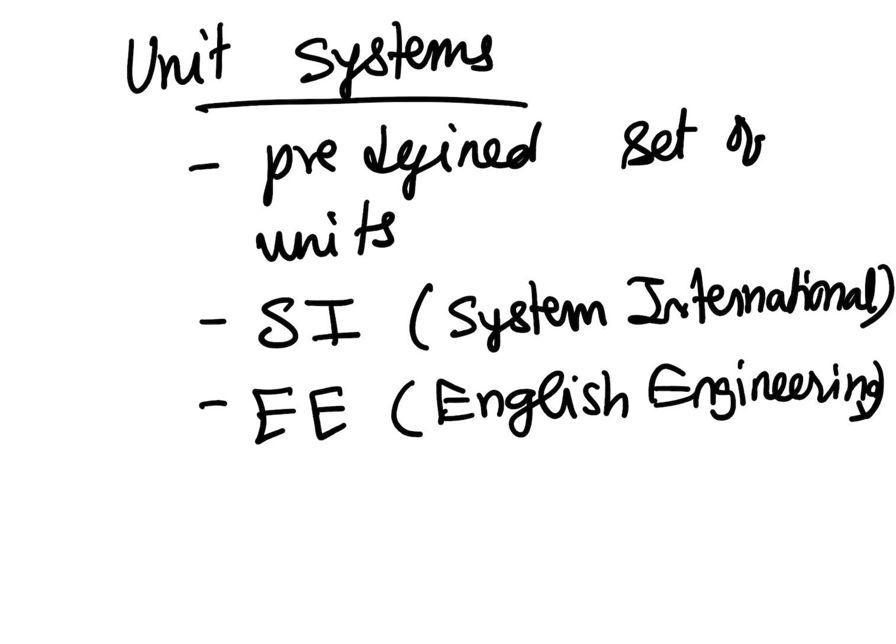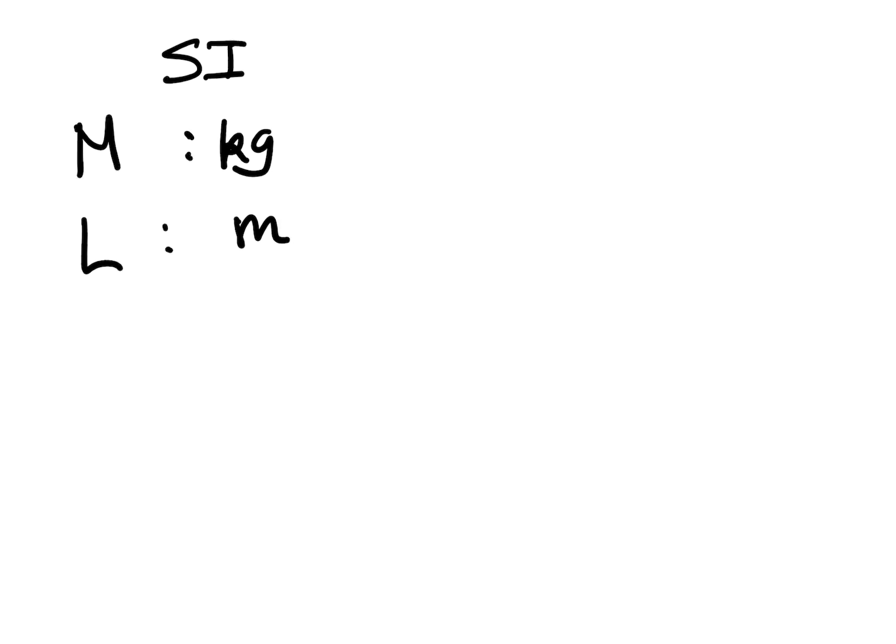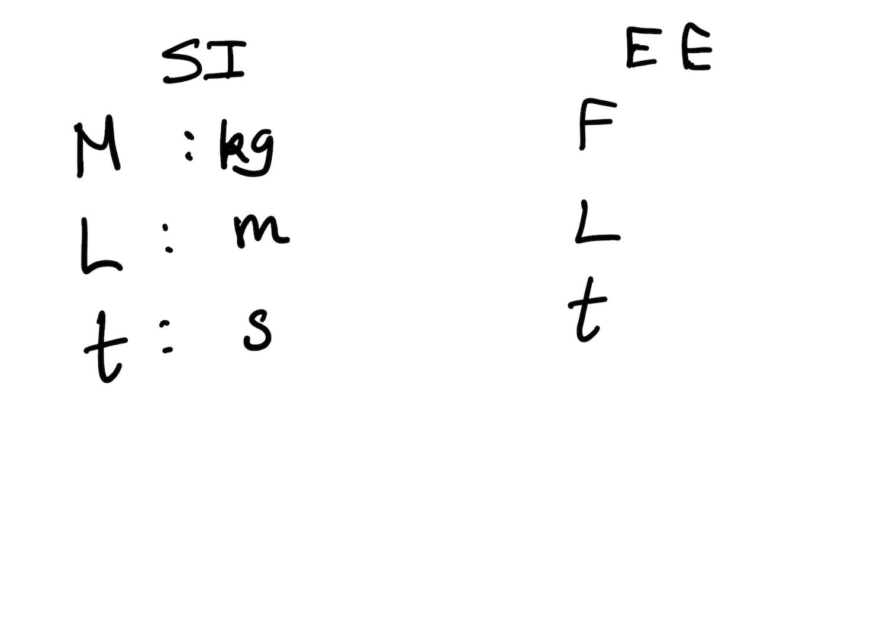What you need to know is the SI system is based on, for mass, kilogram, for length, meters, and for time, second. The English Engineering Units is not based on MLT first of all, it's based on force, length, time.